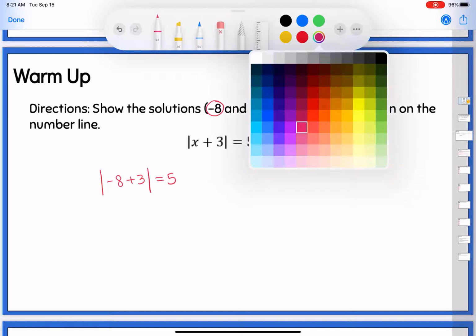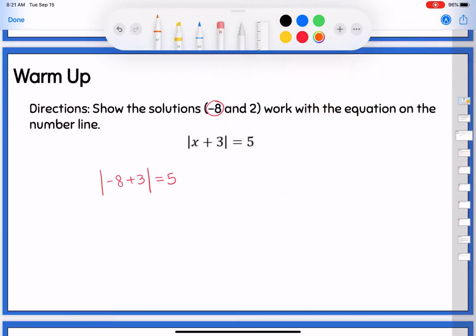Since I have a number in here for x, I can simplify. That means I have the absolute value of -5 is supposed to equal 5, so -5 is supposed to be 5 units away from 0. And -5 would be over here, and it absolutely is 5 units away from 0. So that answer does work.